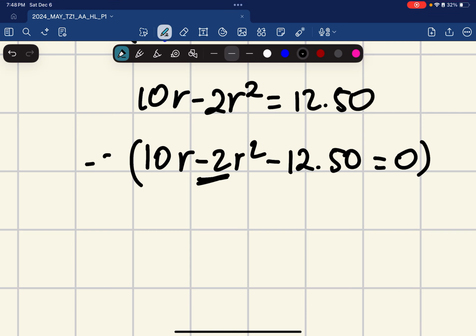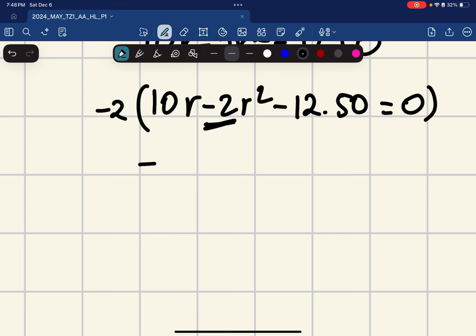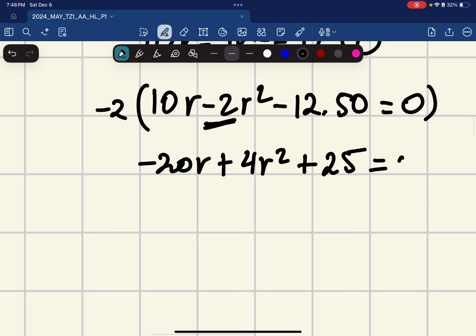If I multiply this whole thing by -2, I end up with -20r plus 4r squared plus 12.5 times 2, that is equal to 25. This still is equal to 0 because anything multiplied by 0 gives us 0.